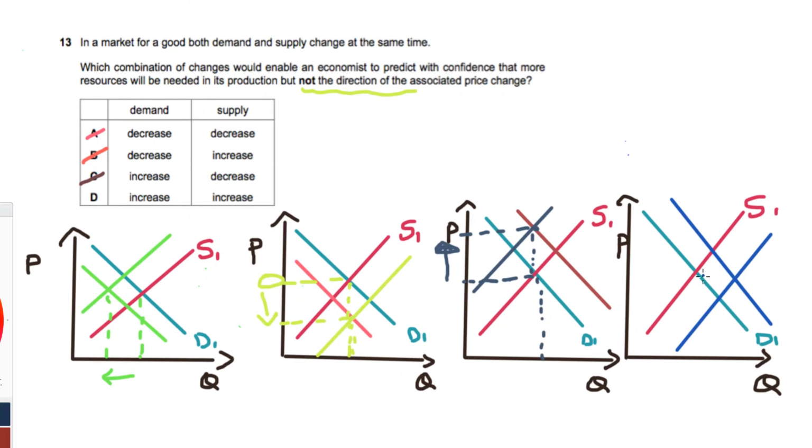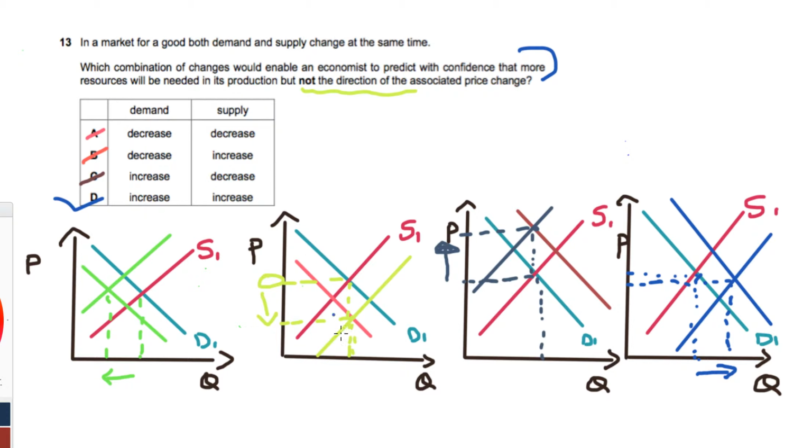Originally this was the price and this was the quantity, and now the price is here and the quantity is here. So the quantity has increased, which means that more resources are required, just as the question says, and we are not sure about the price because the price can go in any way. So the correct option is option number D.